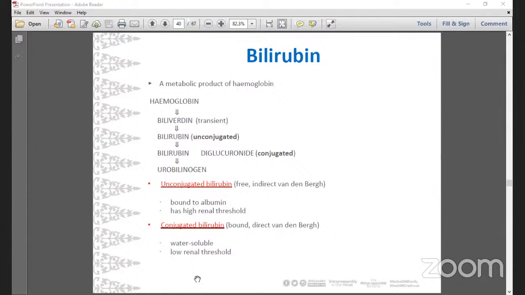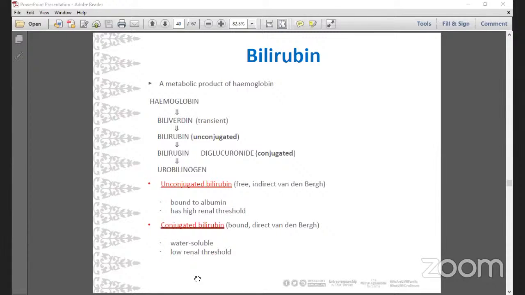And the conjugated bilirubin will pass down the bile duct and enter the intestine, and it becomes urobilinogen. So urobilinogen undergoes intestinal bacterial reaction.